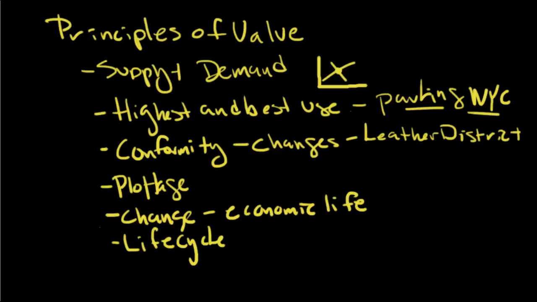It used to be a bunch of leather warehouses right near South Station, leather warehouses, wholesalers, dry goods, that type of thing. And nowadays it's all high-end office space and condos. So things change, I guess, is the moral of the story in that regard. So conformity, whether things are actually going to stay the same, makes a big difference.